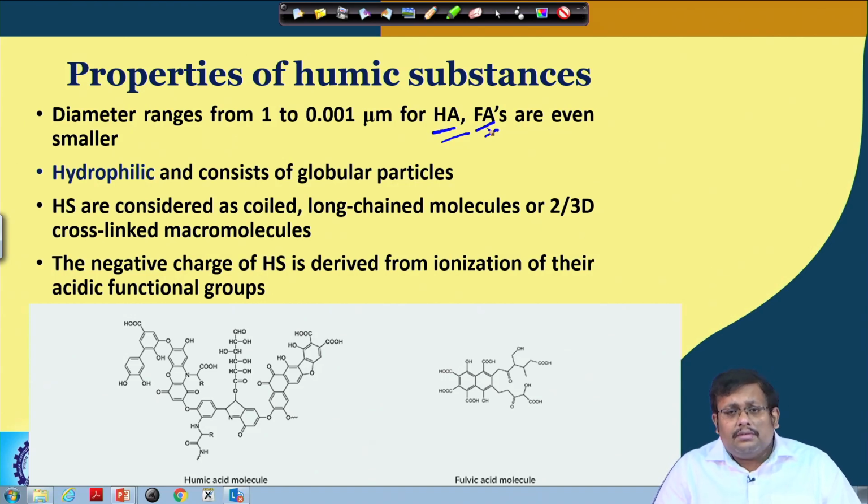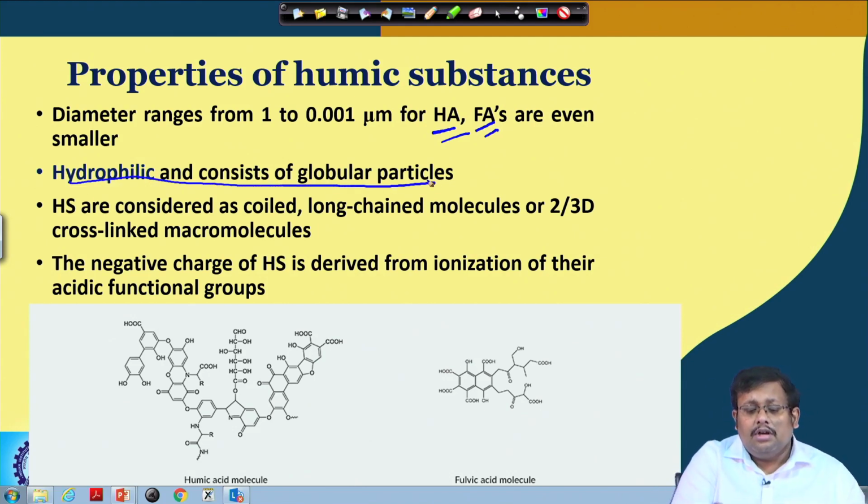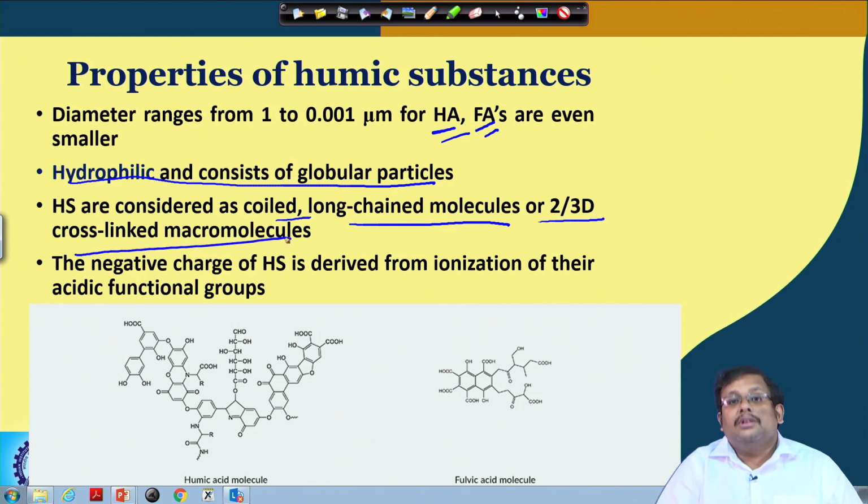So, these humic fractions are hydrophilic and consist of globular particles, and humic substances are also considered as coiled long chain molecules or 2D or 3D cross linked macromolecules. So, it is a complex structure, as you can see. This is a humic acid molecule and this is a kind of fulvic acid molecule, although their structure is not very well defined and their structure can change depending upon different conditions.